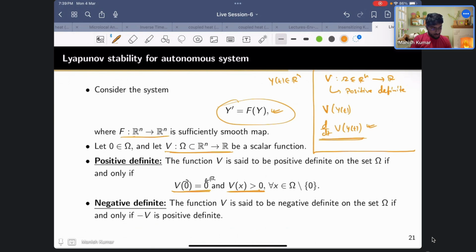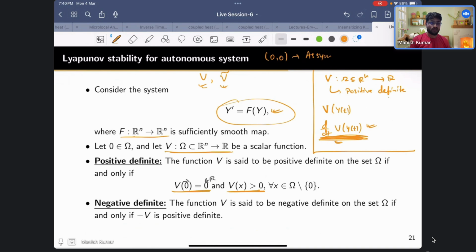Let us now look at the criteria that we have. There could be cases where you find some function V and I find some other function V tilde, which are both positive definite. Whatever condition we'll see in each of the cases, whatever V we choose, if (0, 0) is asymptotically stable, then this property will be conserved.